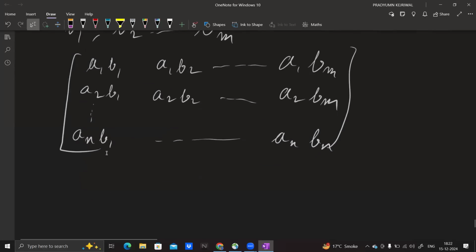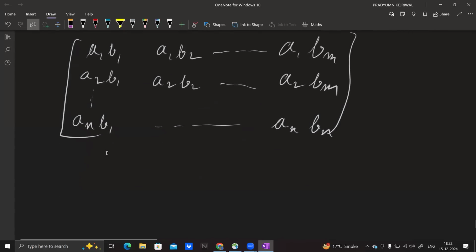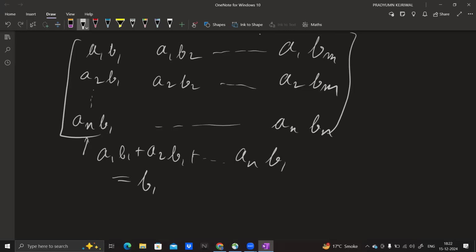So initially, if I ask you what is the beauty of this matrix, before removing any elements, then I can easily find out. Suppose I take the sum of this column, then it would be a1b1 plus a2b1 plus up to anb1. So we can write this as b1 into the summation of ai.